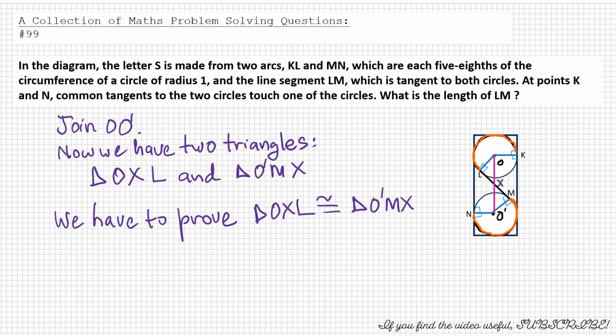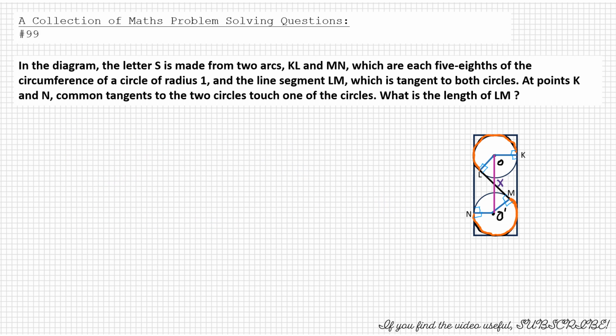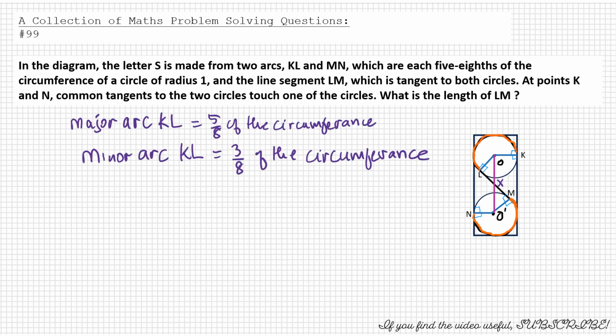If they are congruent, we can work out the sides, since we are interested in LM, and LM can be found by adding LX plus XM. So what we do next is work out the angles, and the first step is working out the arcs. It will help us to find the angles.